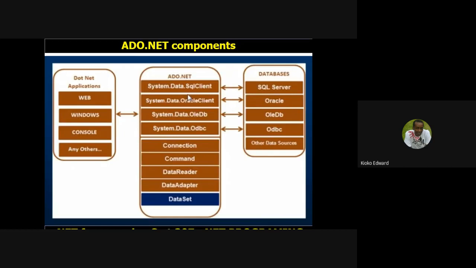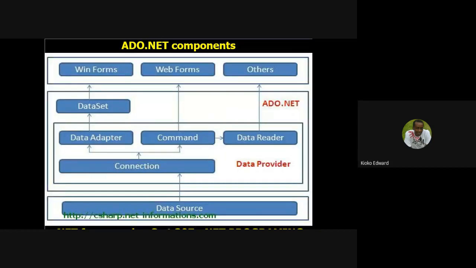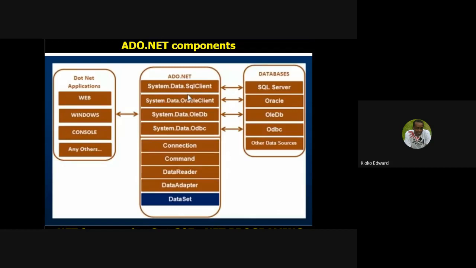So let's at a glance look at the ADO.NET framework components. From this side, you should be able to see your .NET application. You could be creating a web-based application like the one we have been doing from day number 1, the ASP.NET application. That's a web application. You could be doing a Windows Form application, what we call the standalone application.